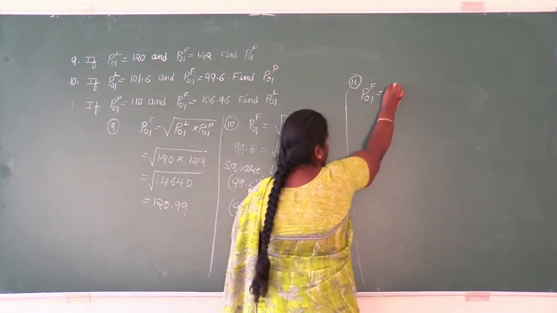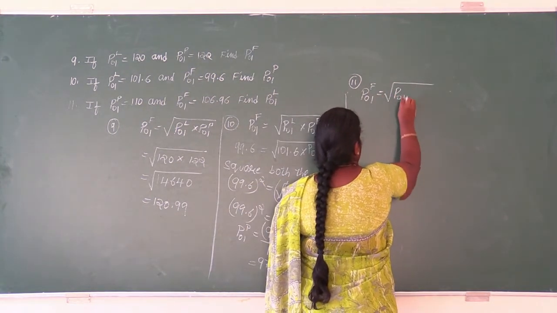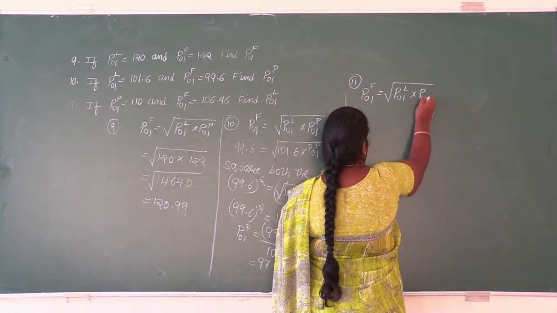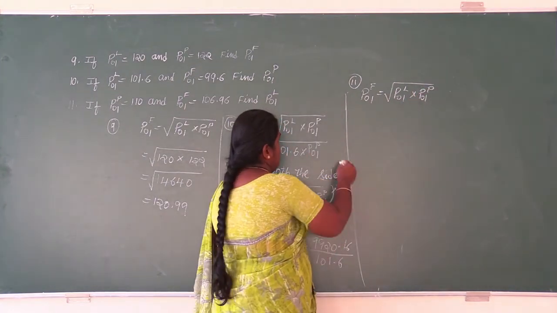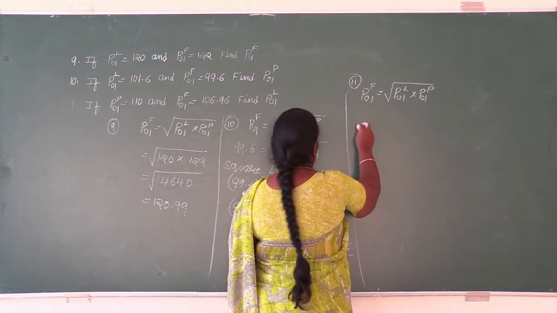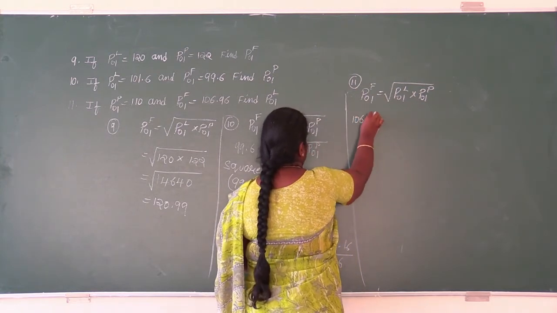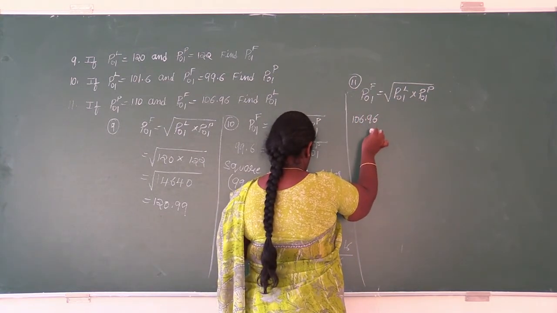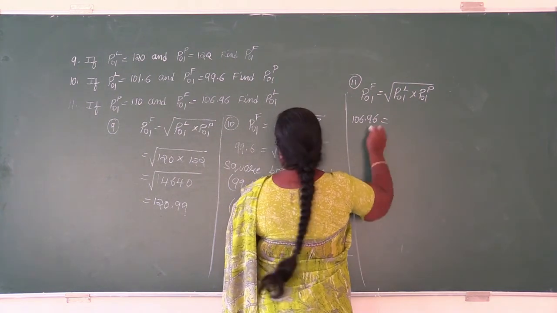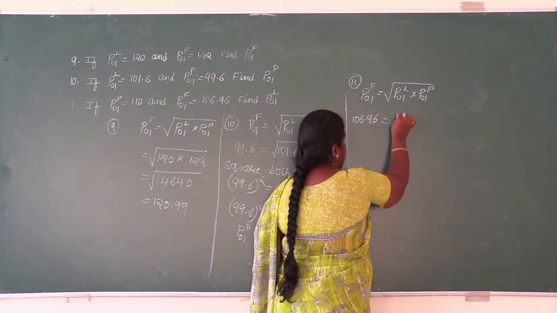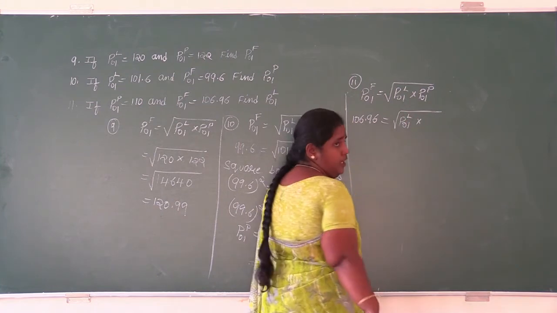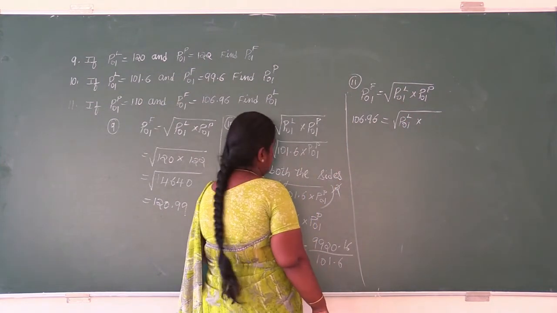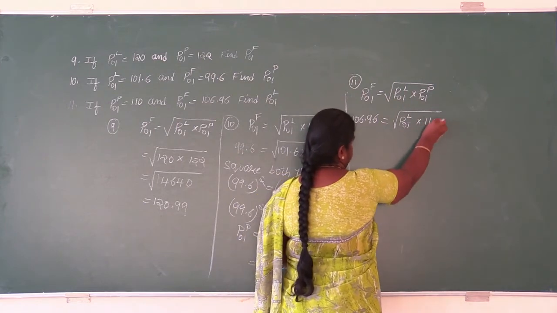Fisher's is the geometric mean of Laspeyres and Paasche price index numbers. Then substitute in the formula. P01F is 106.96. P01L is not given, so we'll write it as it is, P01L into the P01P value of 110.